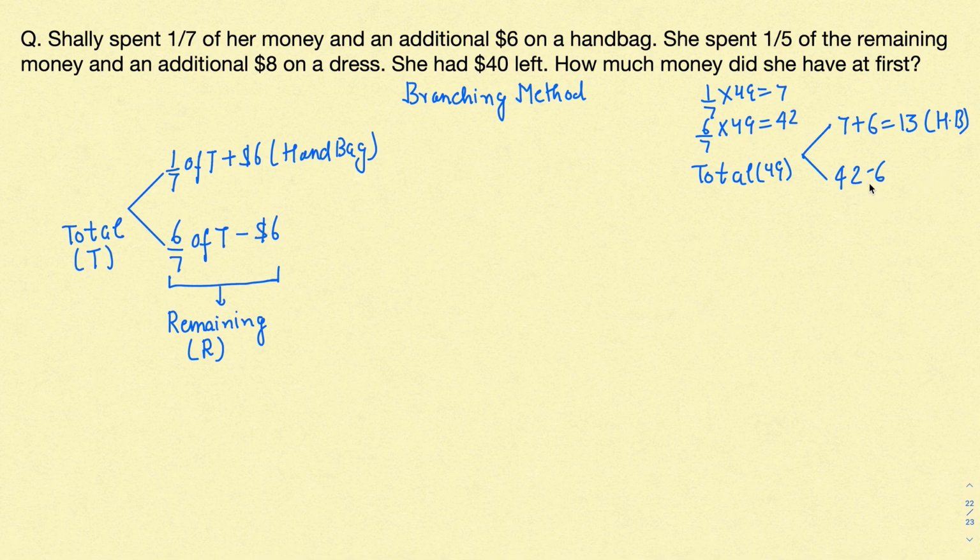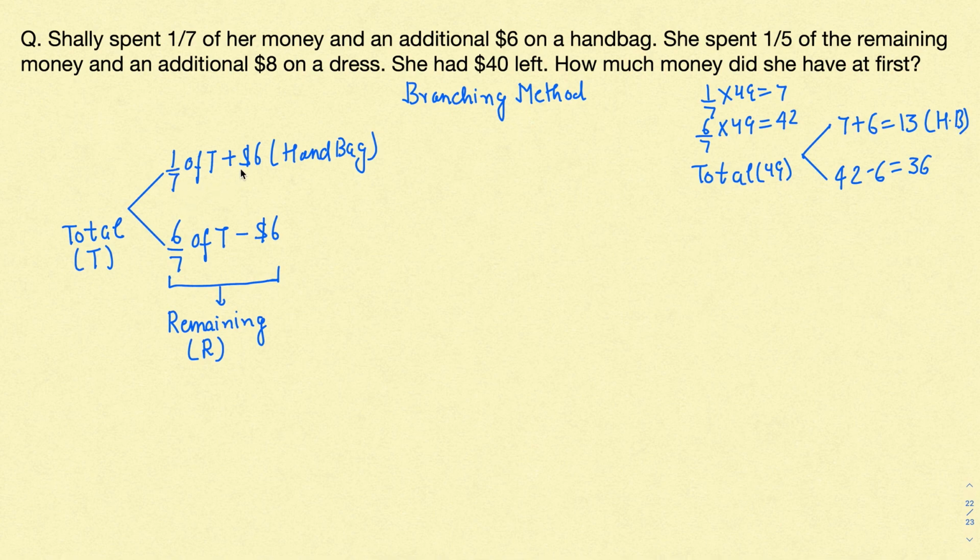So she's actually left with 42 minus 6, which will give us $36. And directly also you can calculate, if out of 49 she has spent $13, she will be left with $36. So it makes sense why we should be writing like this.